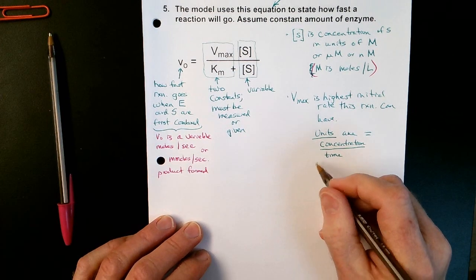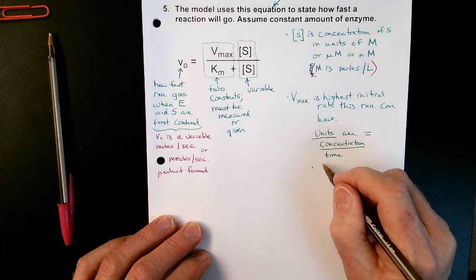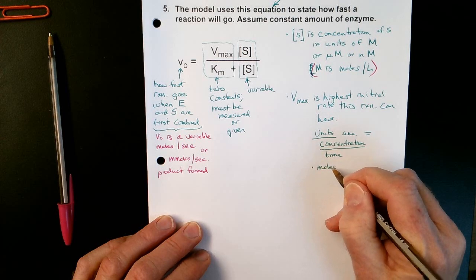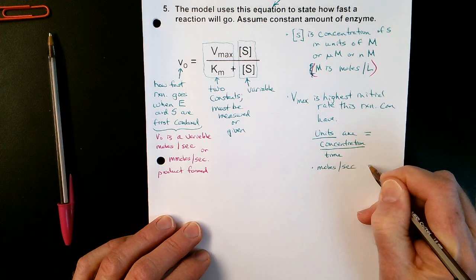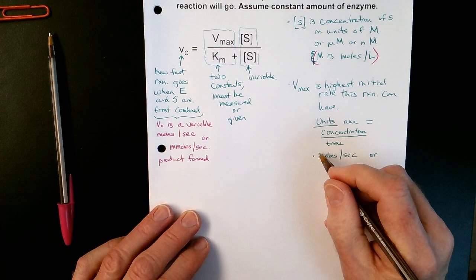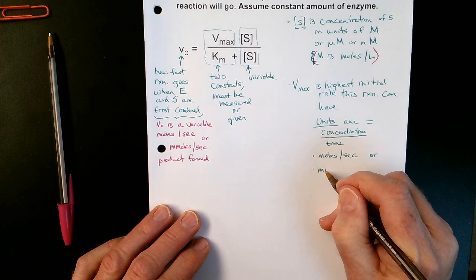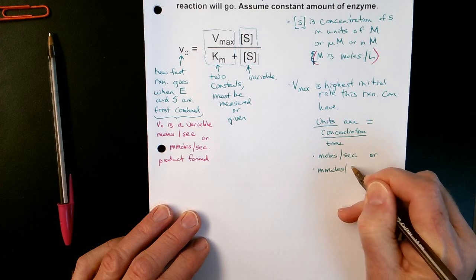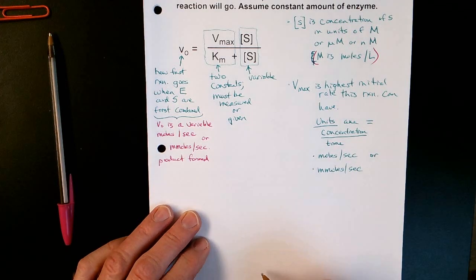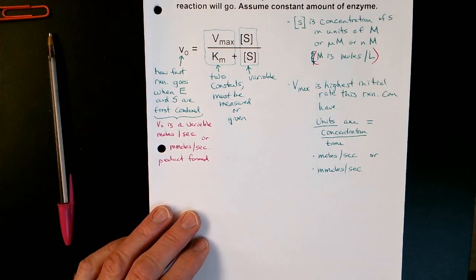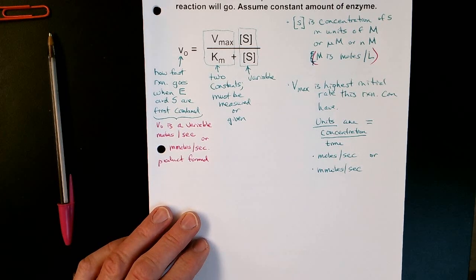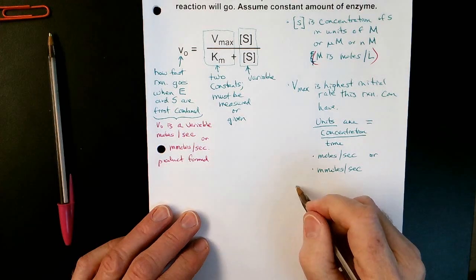So it could be something like moles per second, or it could be millimoles per second. Whatever it is, it's some change in concentration per time. That sounds like a reaction is happening, and you're tracking how long it takes to happen.